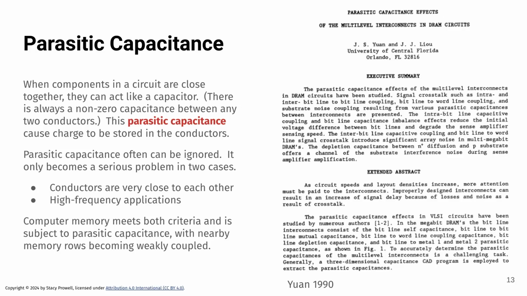Just like, right, all capacitors have some inherent resistance, the series resistance from the wire. They have some series inductance because wire has inductance, and normally you can ignore those effects. But it becomes difficult to ignore this capacitance when things get really, really, really small and close together, or frequencies get really high.